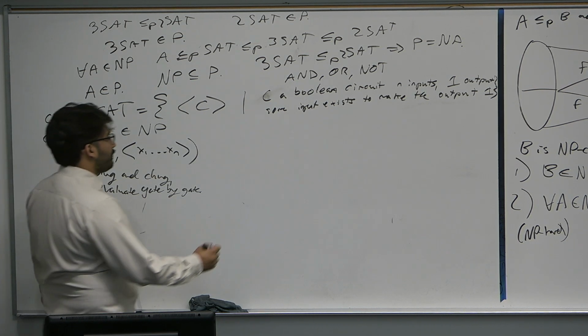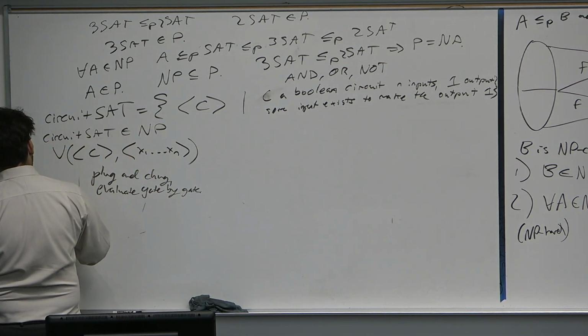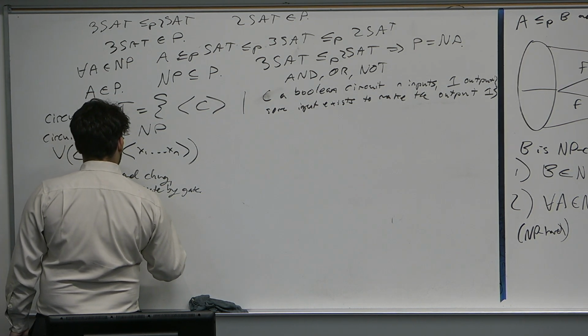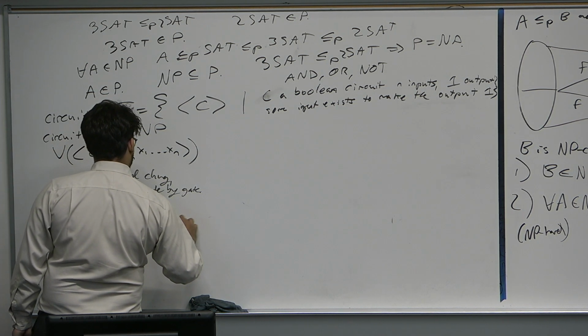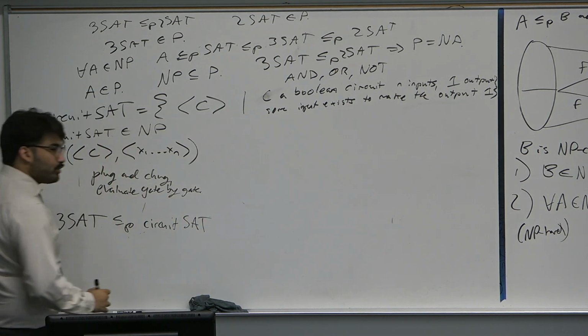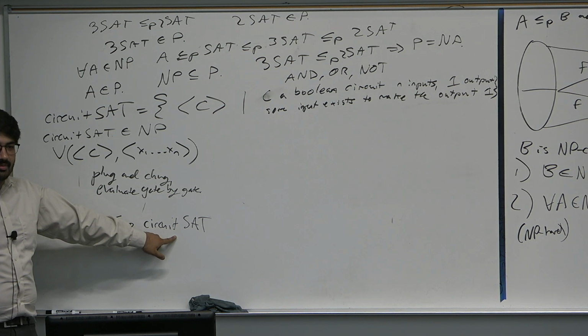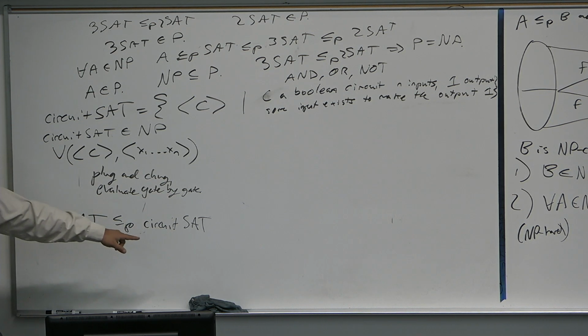I also claim that you can reduce from 3-SAT to circuit SAT. You can reduce, in fact, from SAT and not just 3-SAT, but we love 3-SAT because it simplifies every construction. Converting 3-SAT to circuit SAT is going to be simpler than converting SAT to circuit SAT.